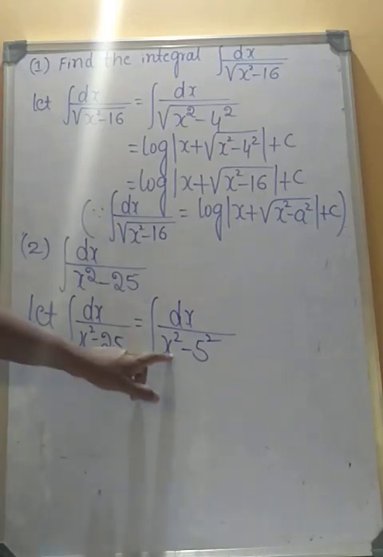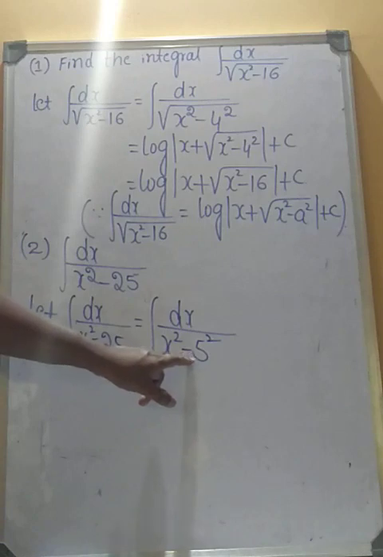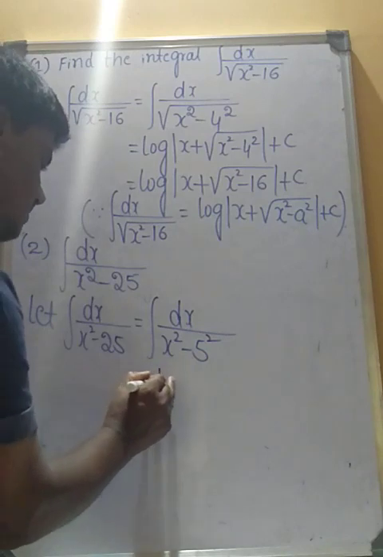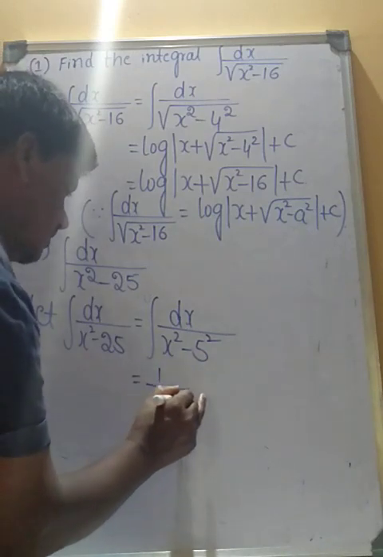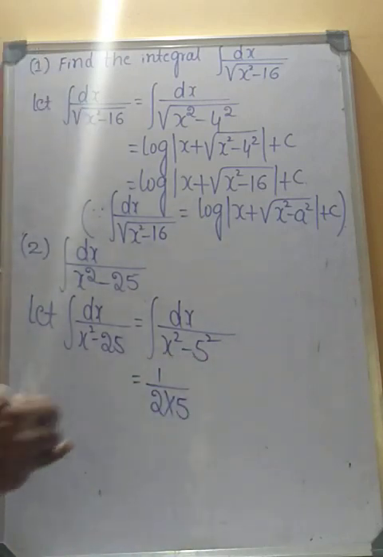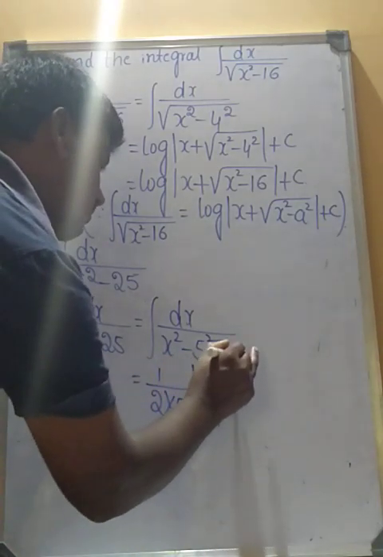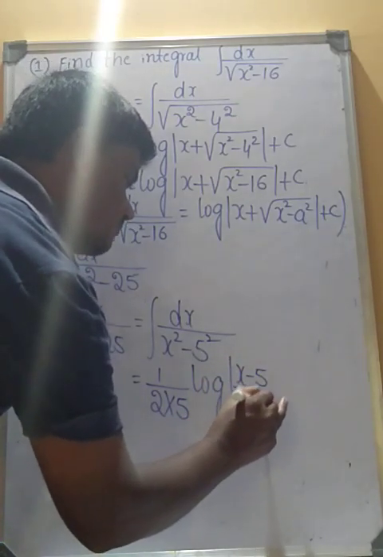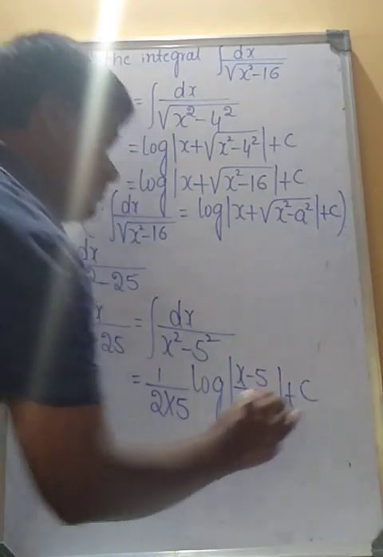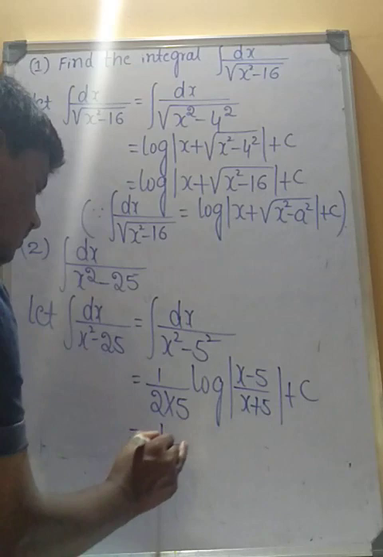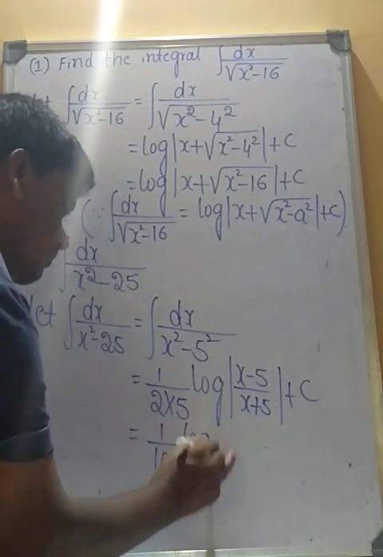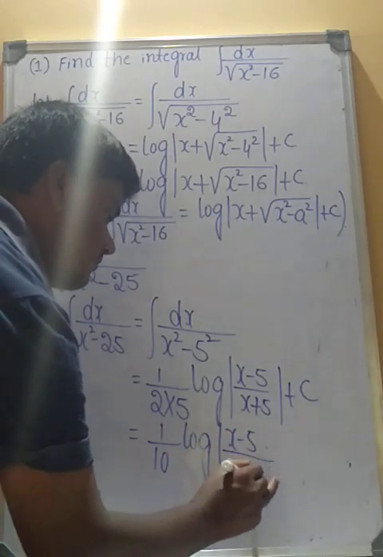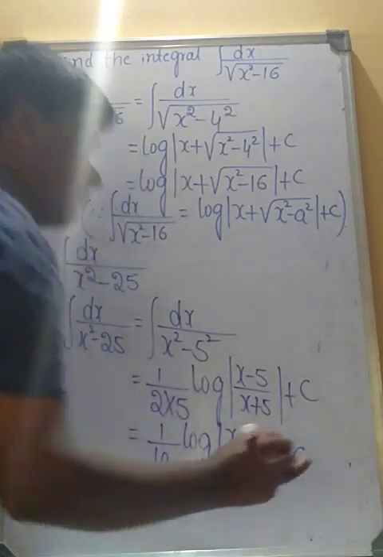Now what is the form of this? Integral of dx divided by x square minus 5 square. Here a is 5, so by the formula, 1 divided by 2a, that is 2 into 5, into log of mod x minus a, x minus 5 divided by x plus 5, plus c. That is equal to 1 divided by 10 into log of mod x minus 5 dividing by x plus 5, plus c.